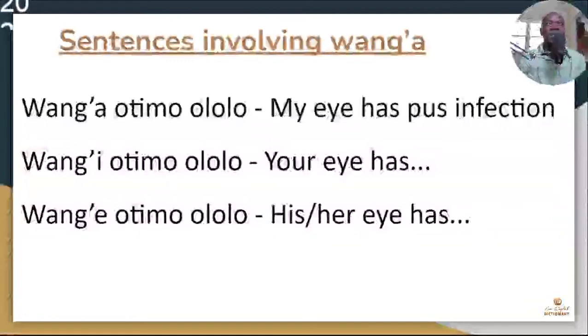I don't know how you call them in English, but I just said it's a past infection. Wang'i otimo ololo, your eye has. Wang'e otimo ololo. Okay?